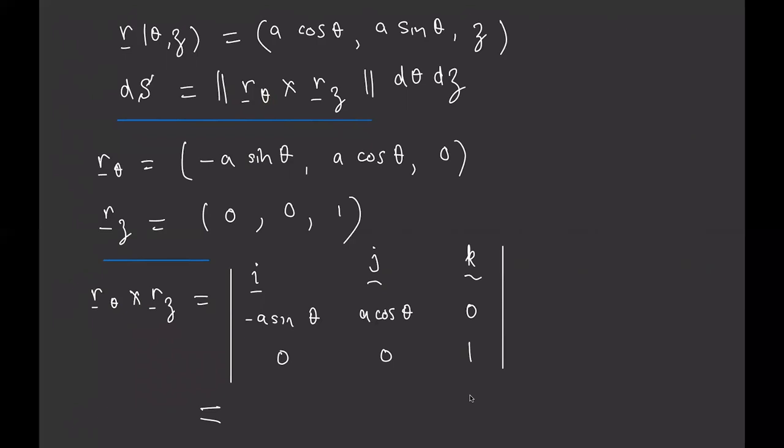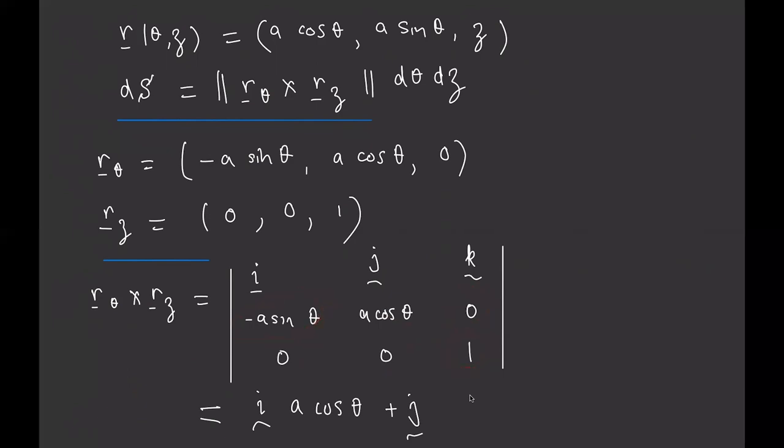When I calculate the cross product, what do I get? My i term is going to be this minus that. The second term is just 0. So what I get is a cosine theta. And then I have my j term. What happens in my j term? I have to take that times that, which is 0, minus this times that.